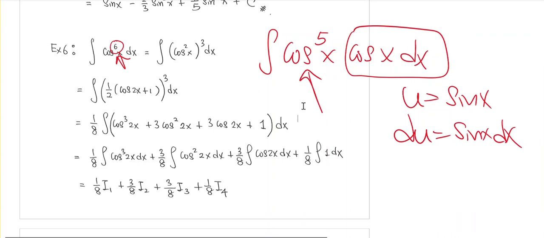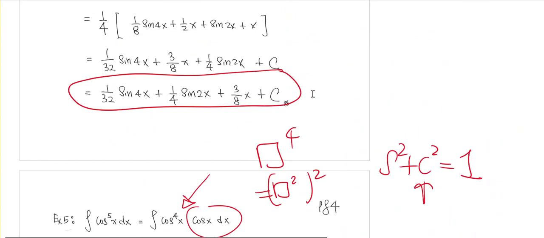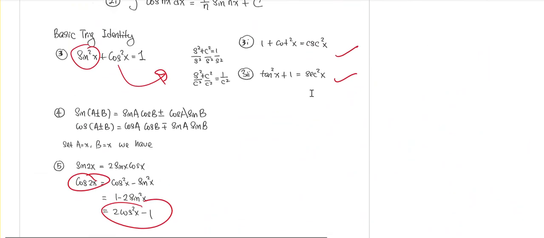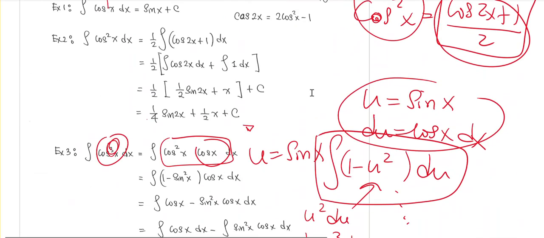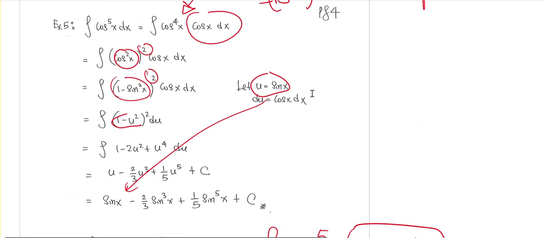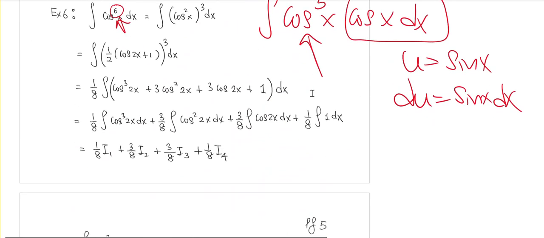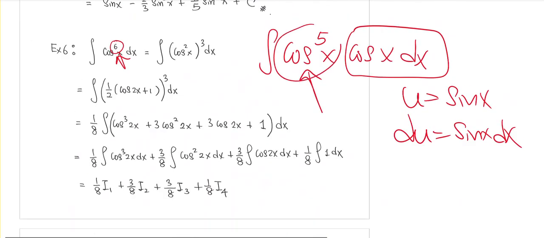That is difficult because all the relationships that you have, the Pythagorean identity and all that, are designed for the square, for the even power, but not for the odd power. So you might have trouble relating cosine to the 5th x to some power of sine x, or some combination of powers of sine x.